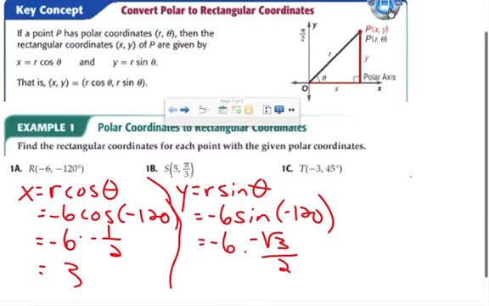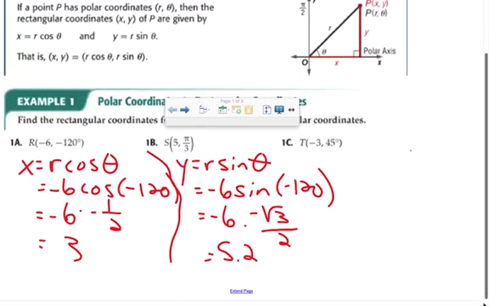And you can go ahead and evaluate these radicals when you're writing your coordinates down. So this will be positive 3 times the square root of 3, which is 5.2. So this point is 3, 5.2.